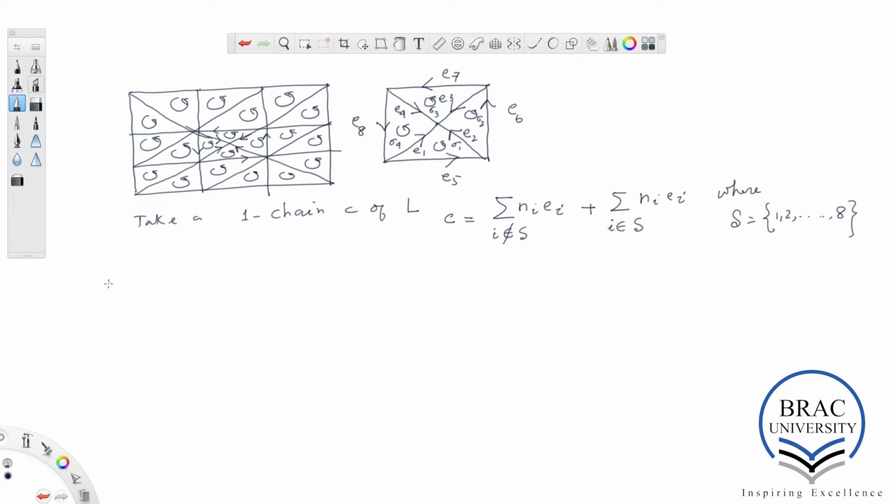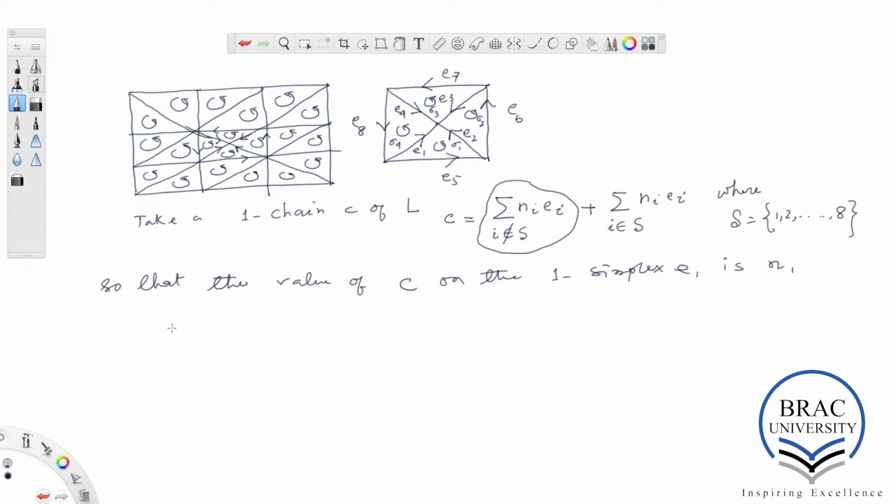And this contribution corresponds to the 1 simplices which are not involved in the central rectangle. Okay, so that the value of this 1 chain C on the 1 simplex E1 is N1, right?